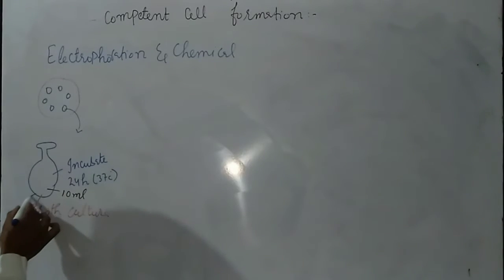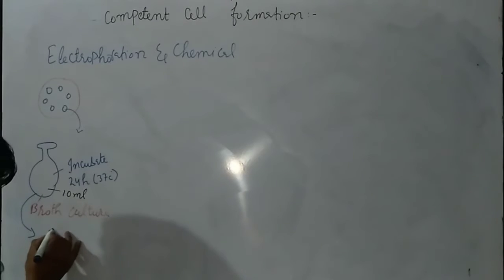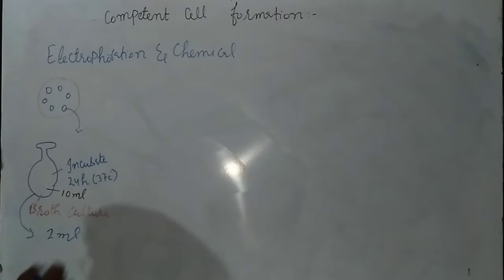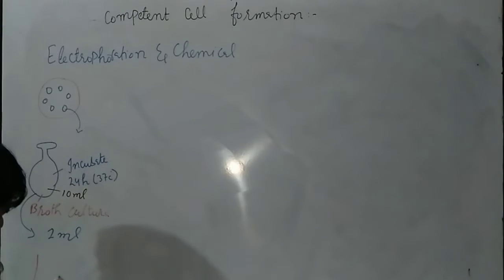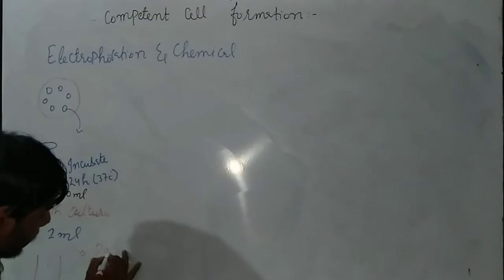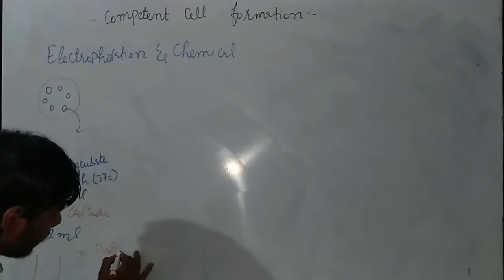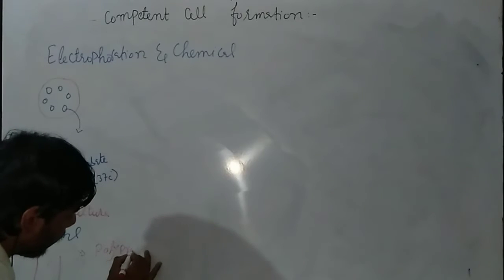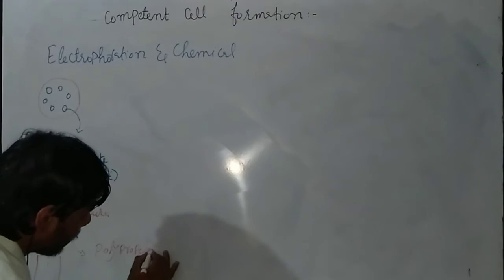So we will take 1 ml broth and shift it into this, let's suppose, next tube. Inside this tube, what we have is polypropylene.